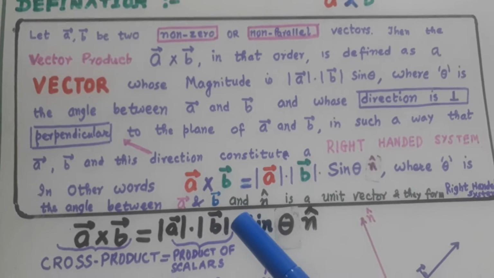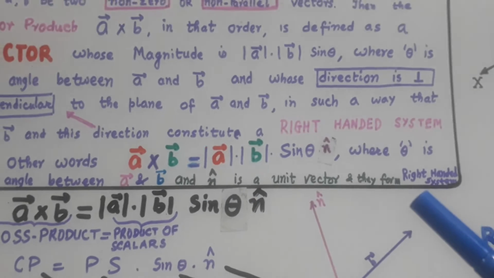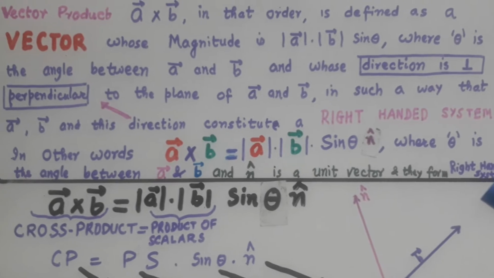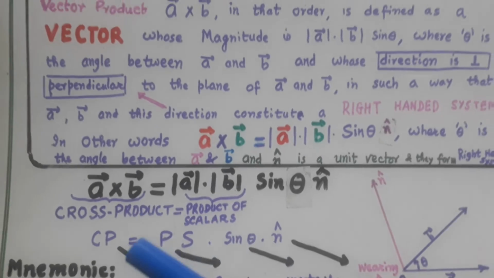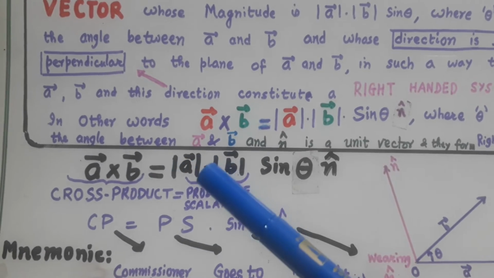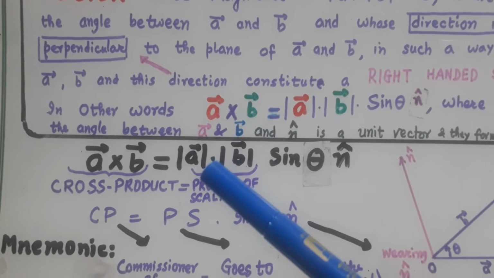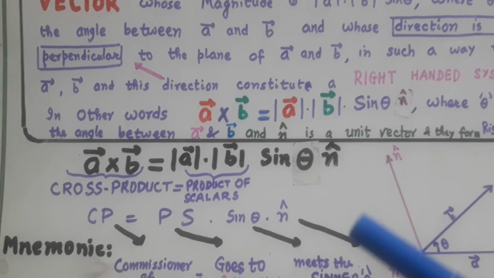Theta is the angle between A and B, and n cap is a unit vector which is perpendicular to the vectors. Now, the formula is A cross B is equal to magnitude of A, magnitude of B, sine theta, n cap.